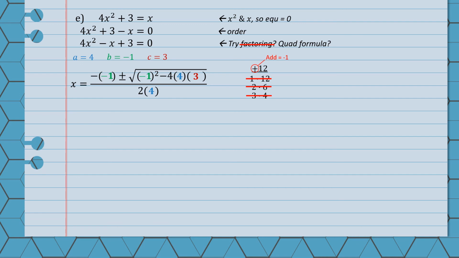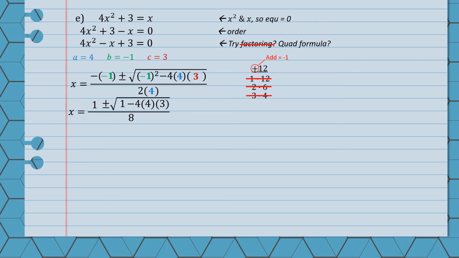Again, make sure you use parentheses. From here, we want to simplify. In the front, the opposite of negative 1 is a positive 1. Under the radical, we must deal with the exponent. And so negative 1 squared is negative 1 times negative 1, which we know is a positive 1. In the bottom, 2 times 4, well, that's 8.